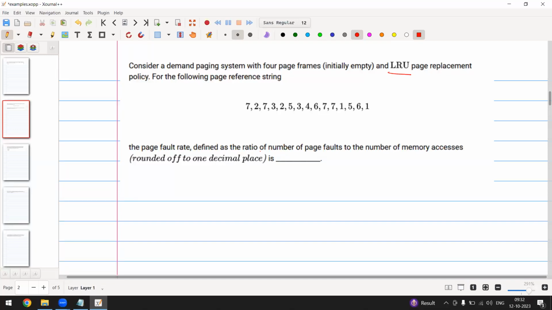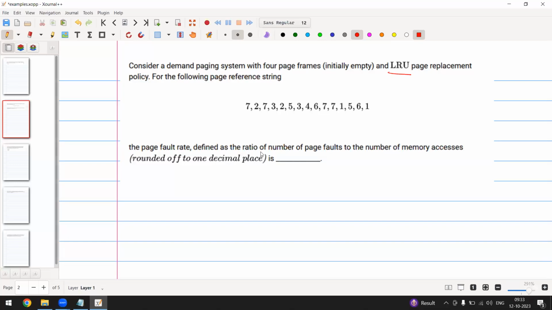This process is called page replacement. We have seen various page replacement policies, and one of them is LRU, that is least recently used policy. In least recently used, we see the past behavior and select the page which was least recently used in the past, and that we select for the replacement.